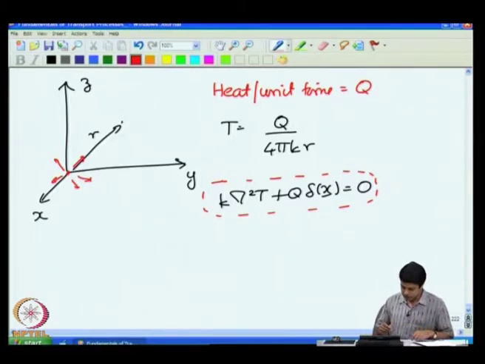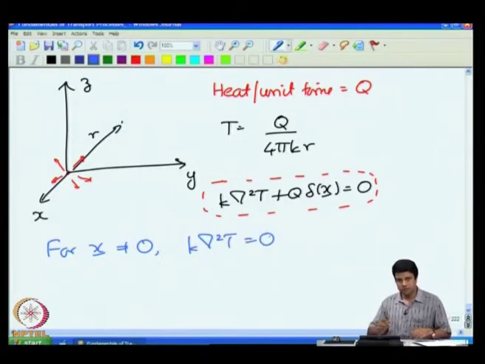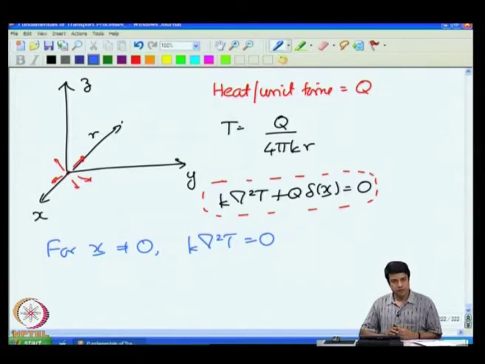Therefore, for x not equal to 0, the equation is K del square T is equal to 0.